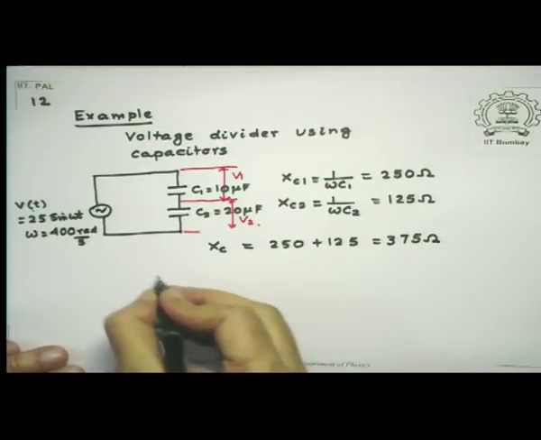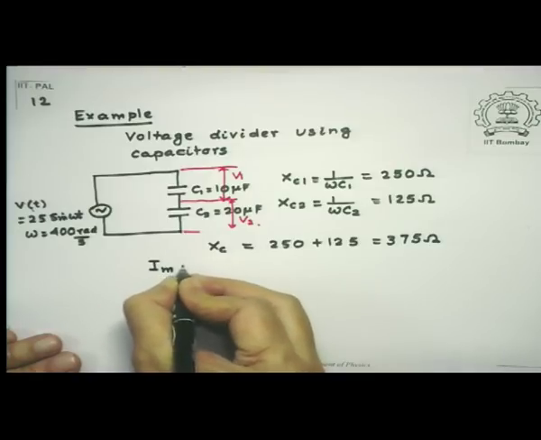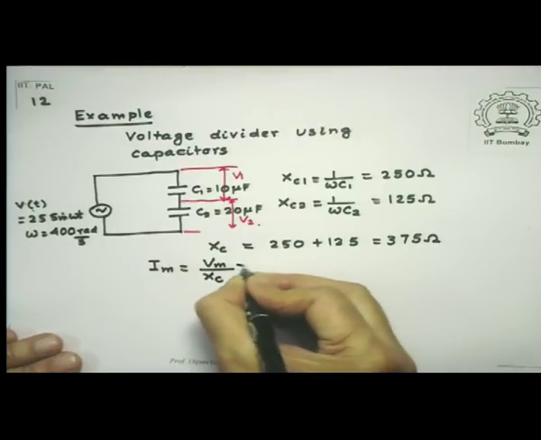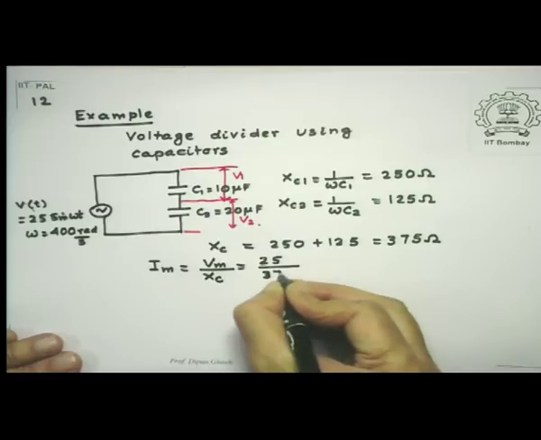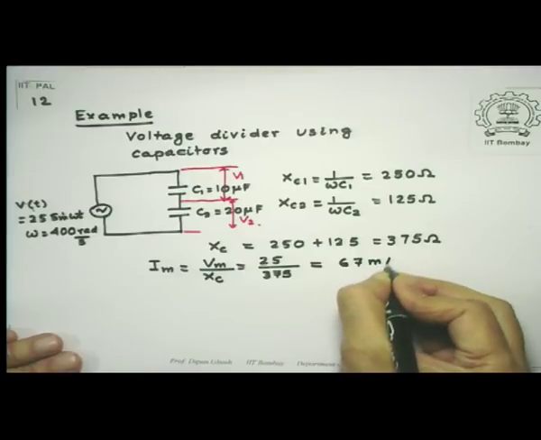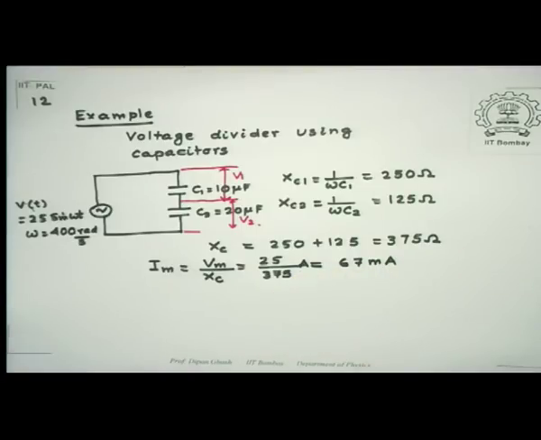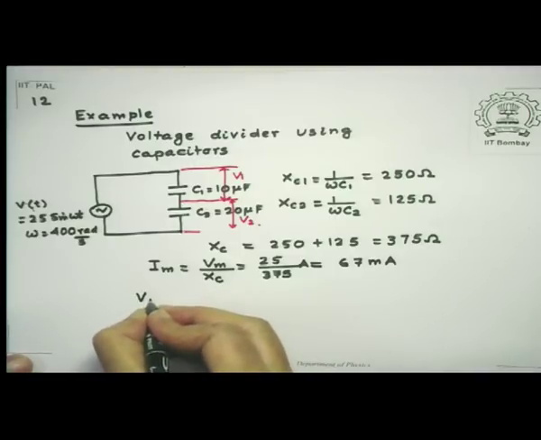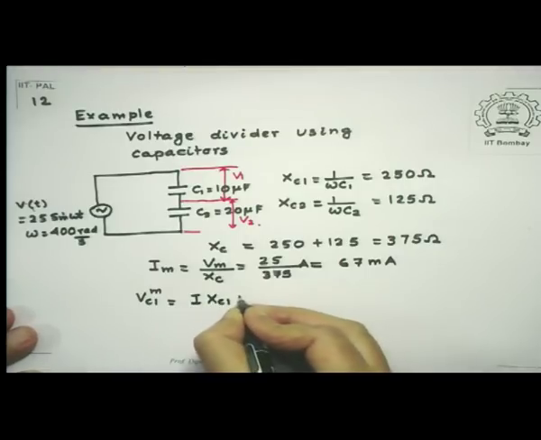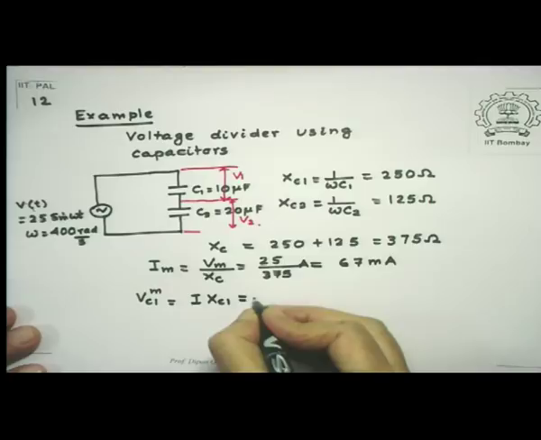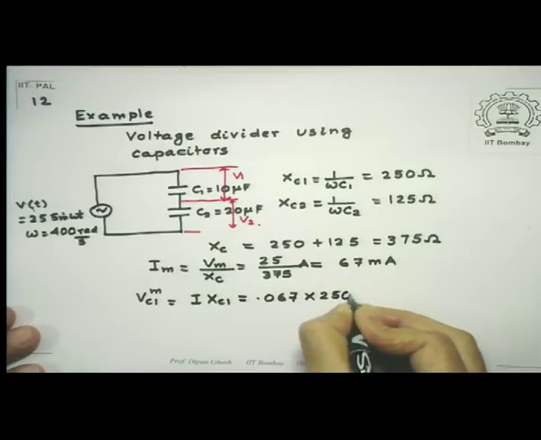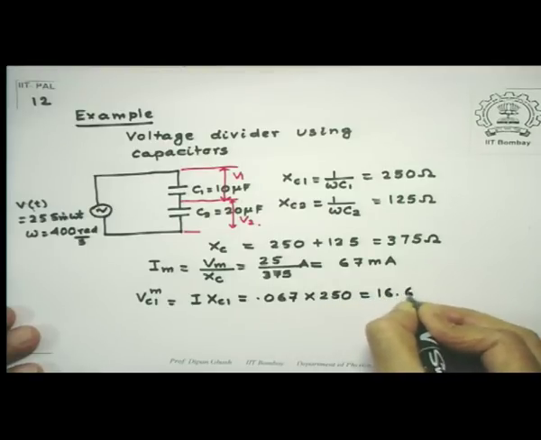So therefore, my maximum current is Vm, which is 25, divided by XC, which is 375, which if you calculate works out to 67 milliamperes. This is amperes, this is 67 milliamperes. So VC1 is equal to I times XC1, which is 0.067, I am writing it in amperes still, into 250, and that works out to 16.67 volts.